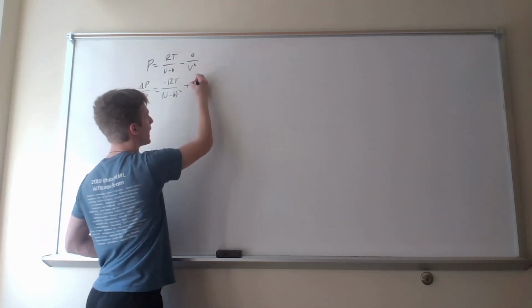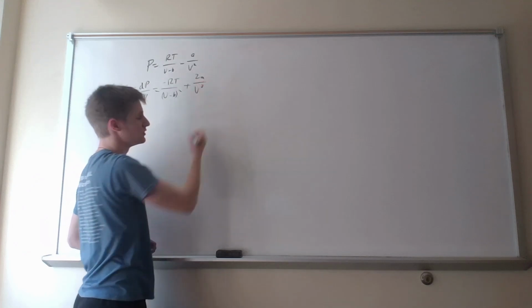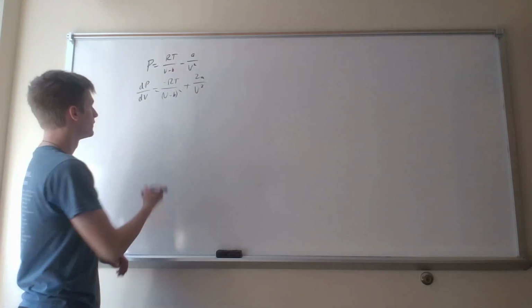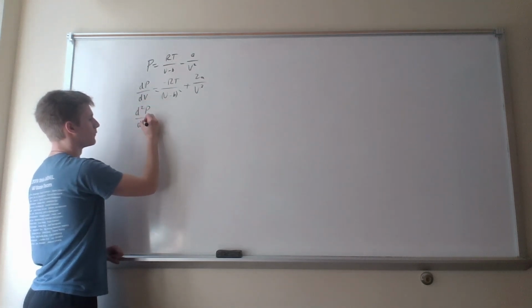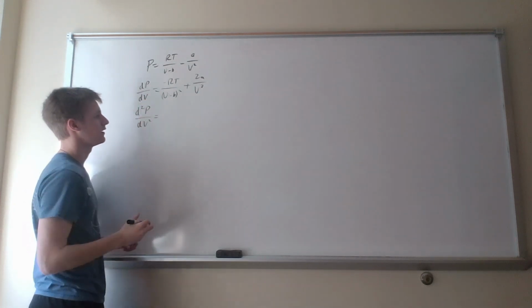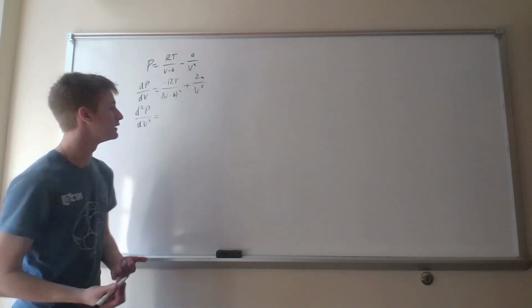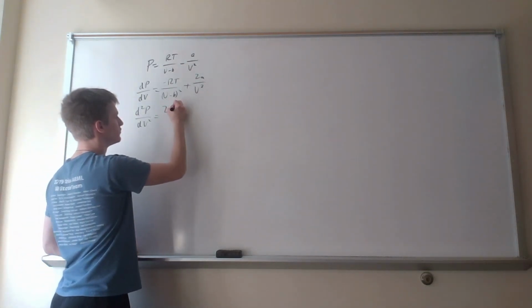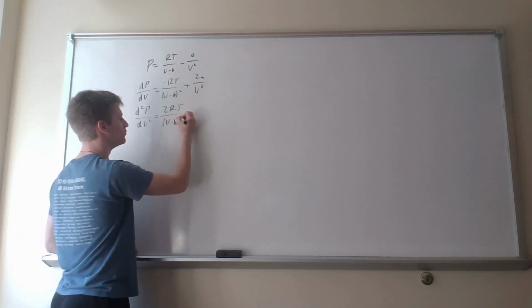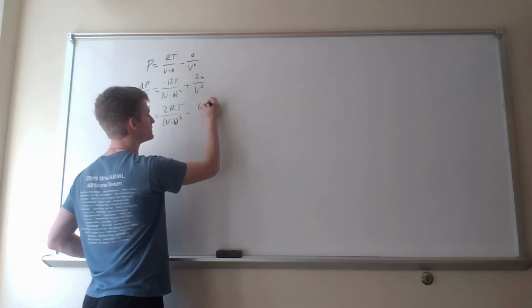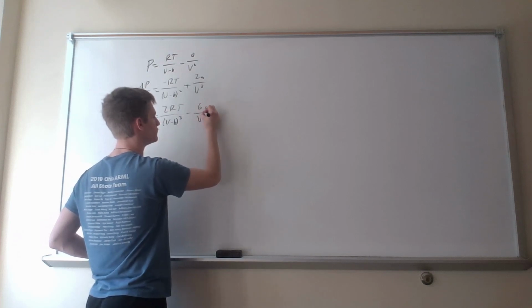So we have 2A and V cubed on the bottom. Then taking the second derivative, again multiplying by the power and reducing by 1, we have 2RT over (V minus B) cubed minus 6A over V to the fourth.